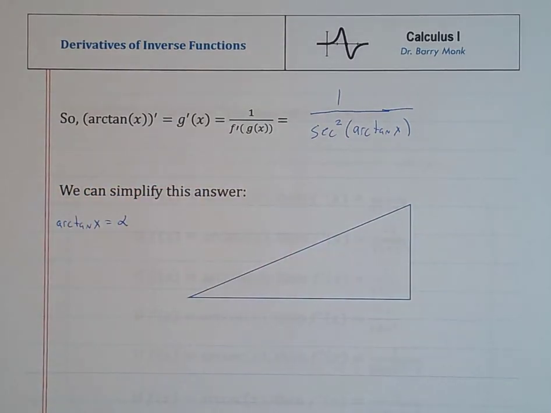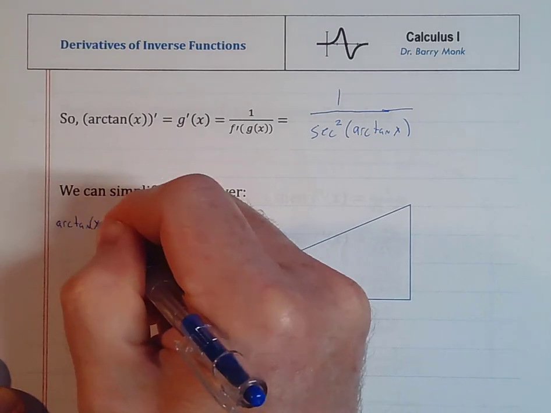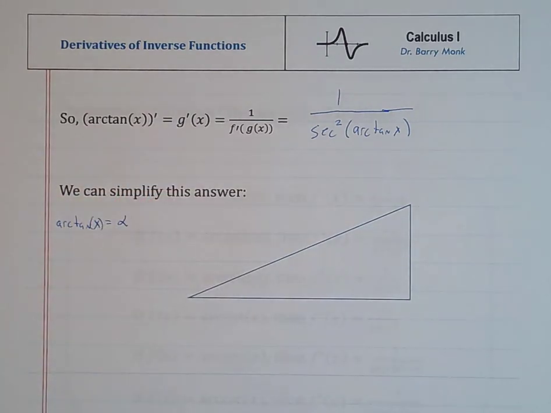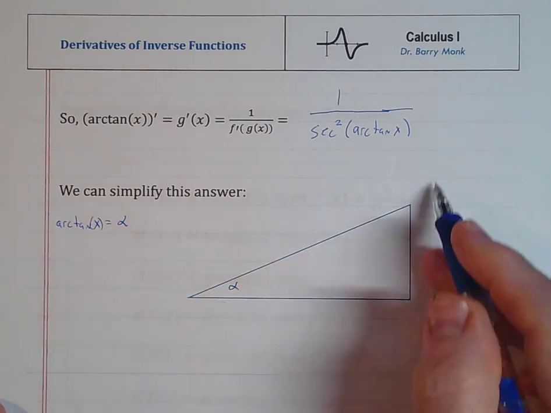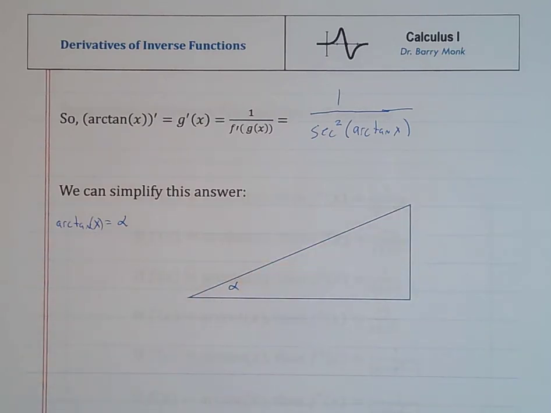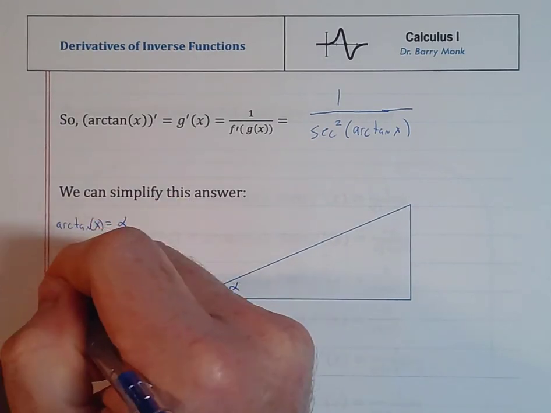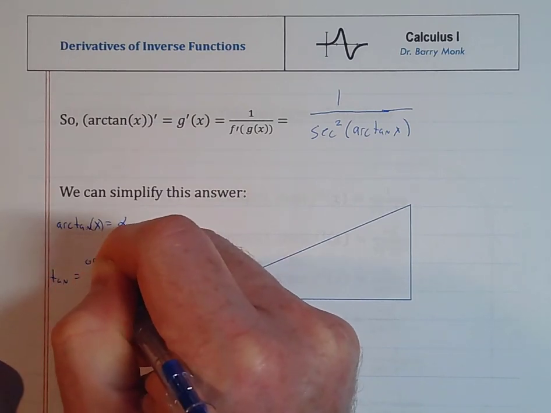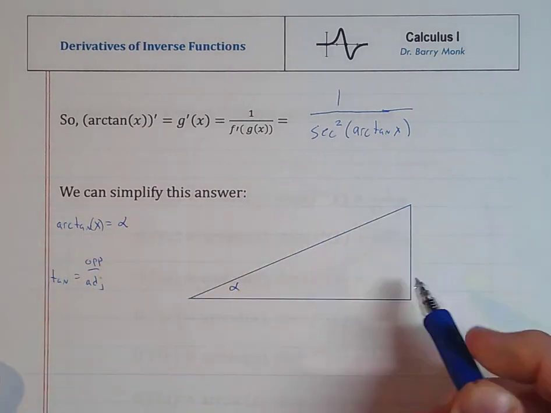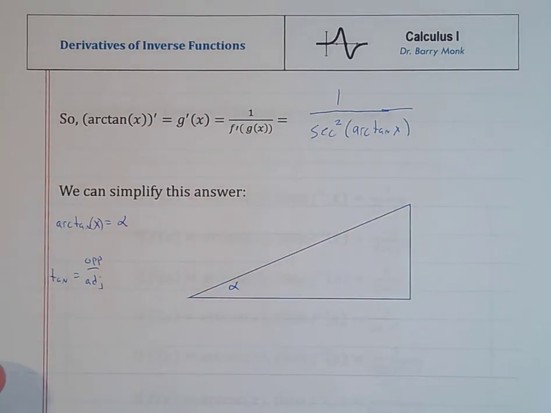So I know that if I take the tangent of the angle alpha, then I should get the value x. So I'm going to write alpha over here as an angle, using a nice little right triangle. And I know that the tangent of that is x. Remember that tangent is opposite over adjacent when you're dealing with right triangles.